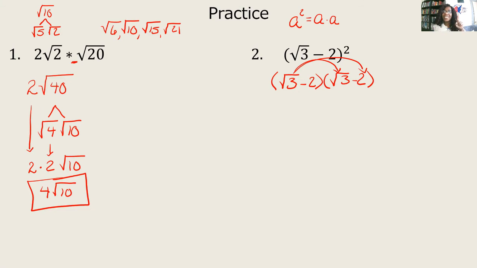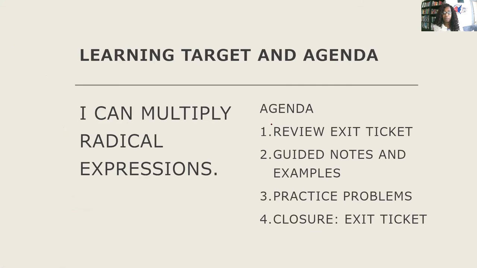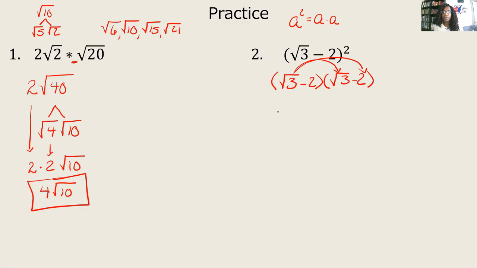Remember, if it's the same radical with the same radicand, the shortcut is just to write what's underneath the radical without the radical sign, because it's going to give me the square root of 9. What's the square root of 9? 3. So now we have the square root of 3 times negative 2, which gives me negative 2 radical 3.